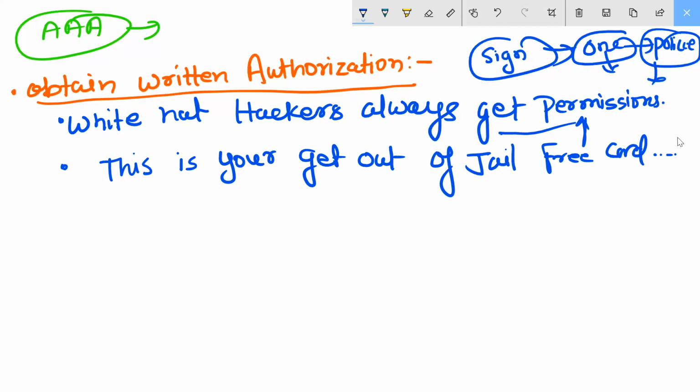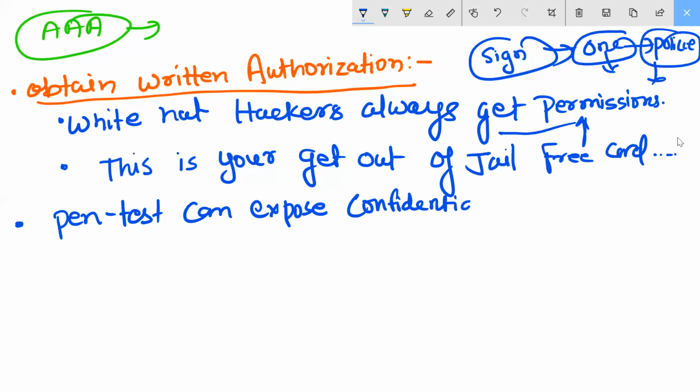Third point is telling you pen test can expose confidential information. Show permissions must be granted.